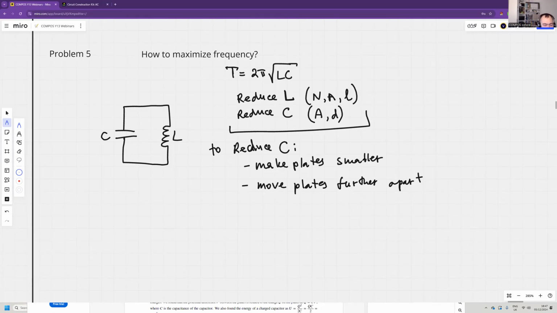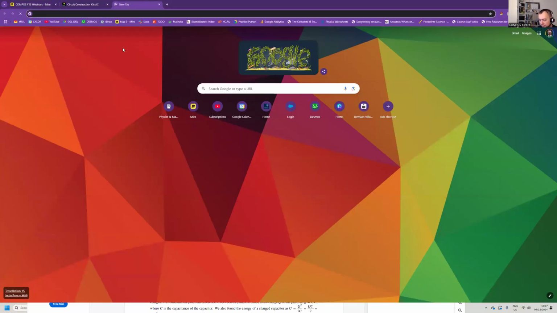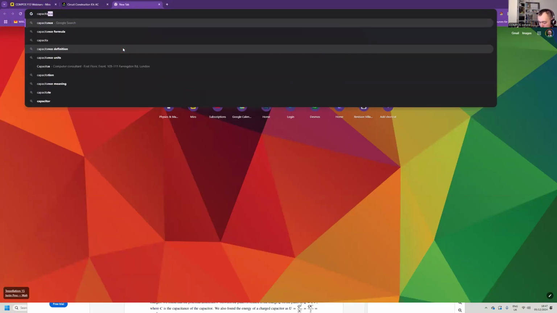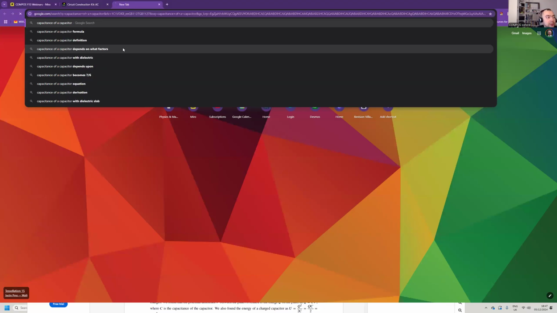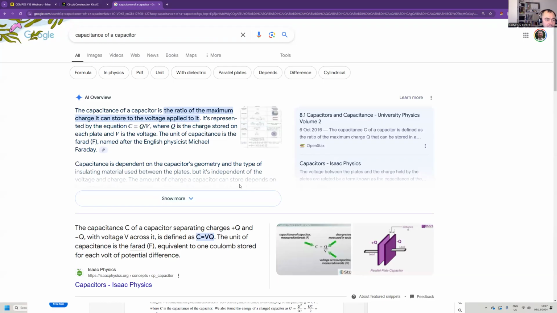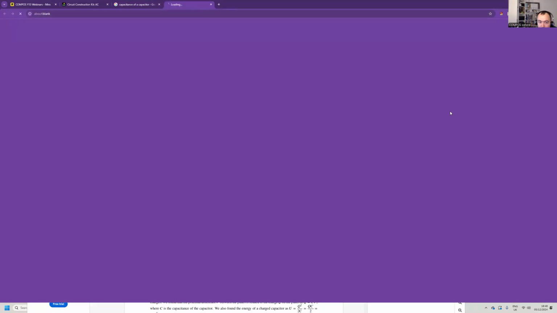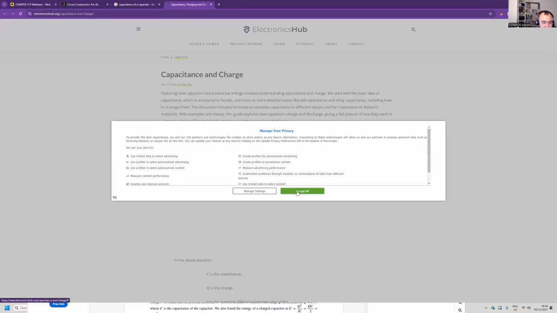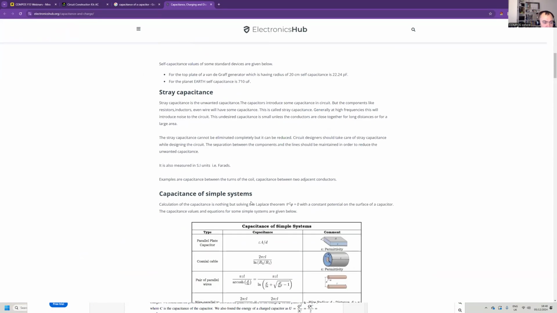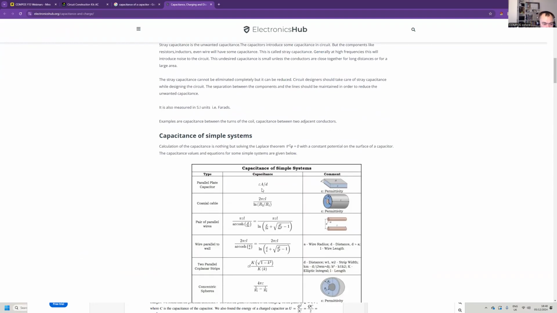I don't remember the formula for the capacitance. Something that I don't keep in my head. Capacitance of a parallel plate capacitor. It's A over D. Seriously?